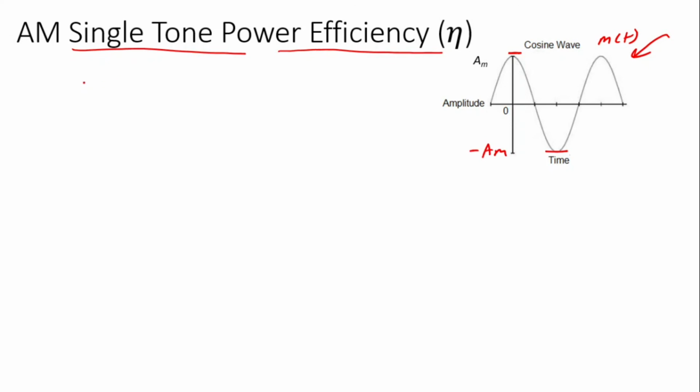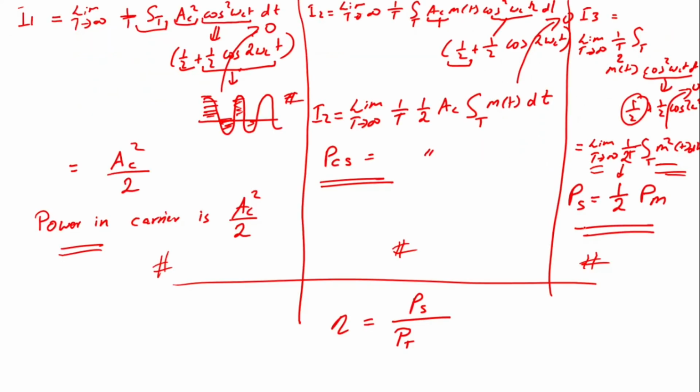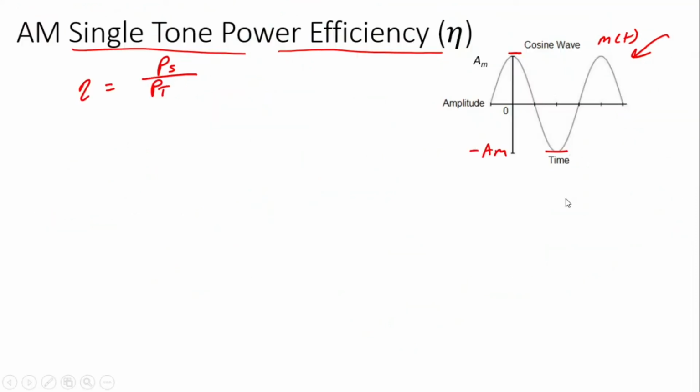So again the power efficiency of this is power in the sideband over total power. From our previous discussion we said that the power in the sideband is equal to 1 by 2 power in the message signal PM. So how to find the power of this signal? We know that for any single tone signal, the power is simply the amplitude square divided by 2.